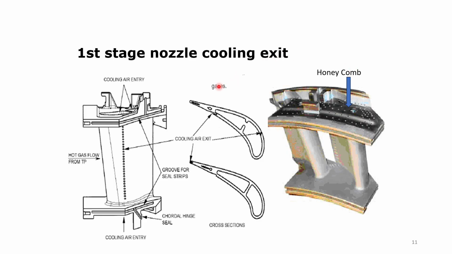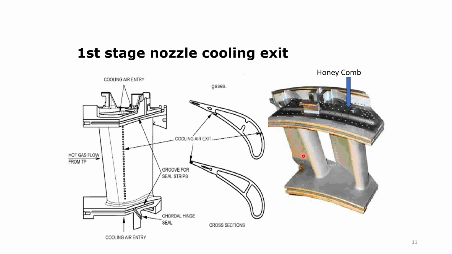Now let us see how the cooling of the first nozzle is done. All the nozzles, all the buckets and the casing, everything is cooled. Let us see how it is cooled with air. Here hot gas is flowing like this, and cooling air is entering from here and from here. There are so many holes in the nozzle.